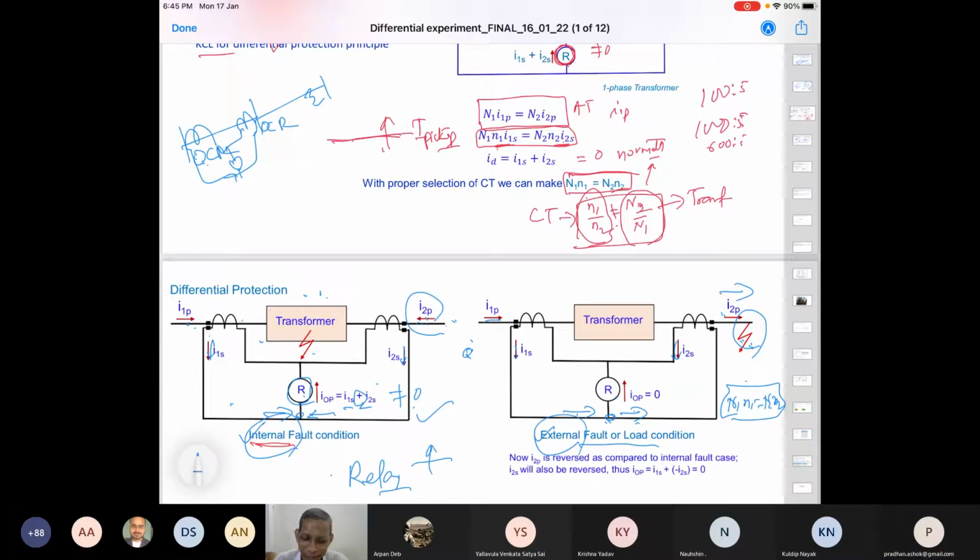Any fault here, this differential current will not know. Zero current. So this is the limitation of the differential principle. For any external fault, it cannot provide a backup also. Very true. Another demerit, from the beginning I am telling you, is that for a line a communication is required. The corresponding signal has to be brought to some place, this end or that end or anywhere.